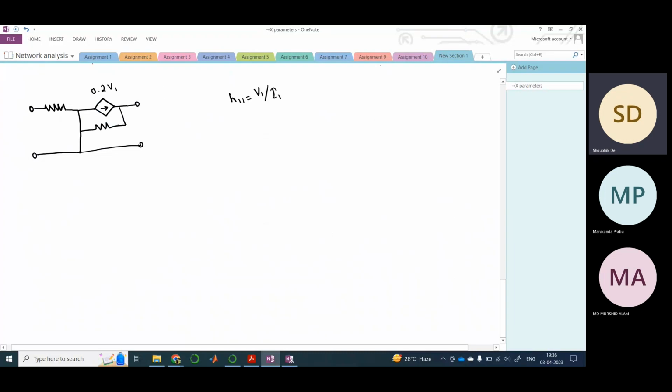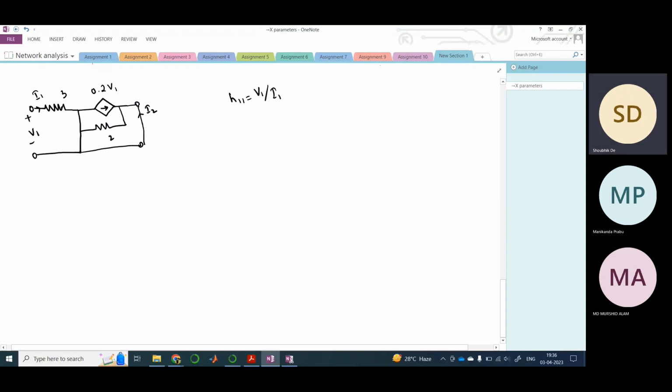So basically, you short this at the first case. This is 2, this is 3, this is I1, this is V1, and this is I2. Here you see I1 would not go into this path, right?